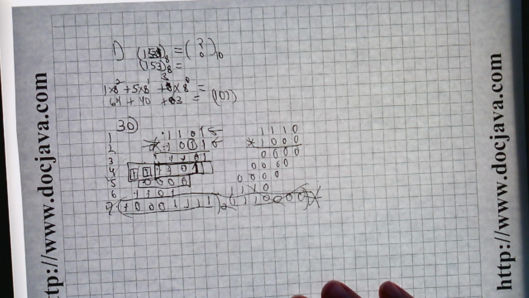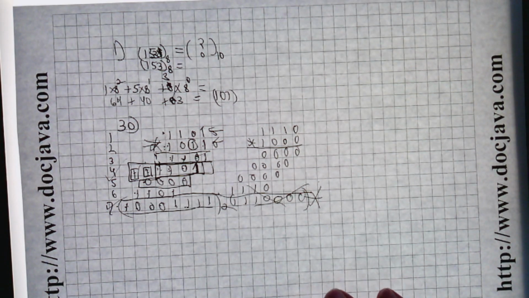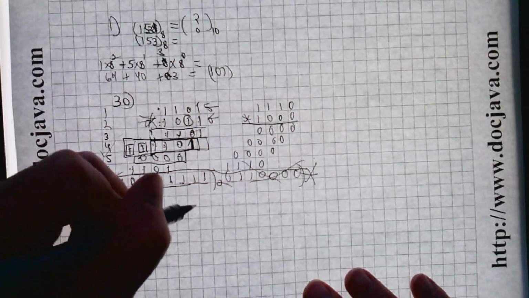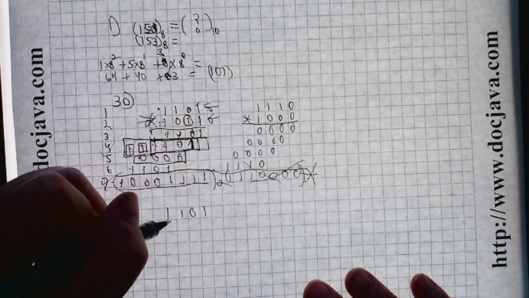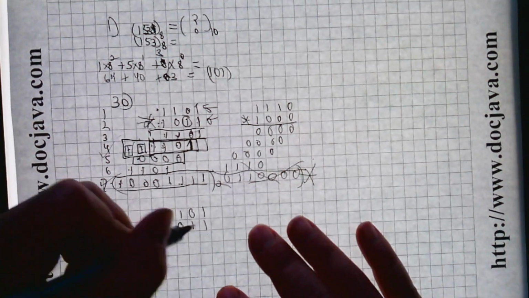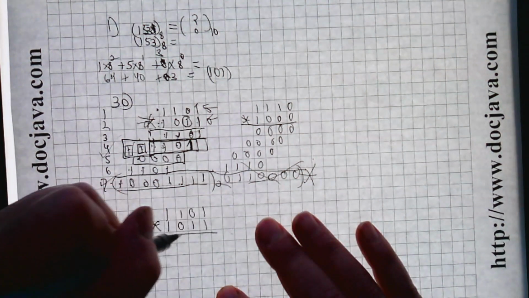I suppose I could have used a separate color or something. Or I could redo this if you like. Should I redo it? I can redo it. Here. All right? We're going to do multiplication. All right?